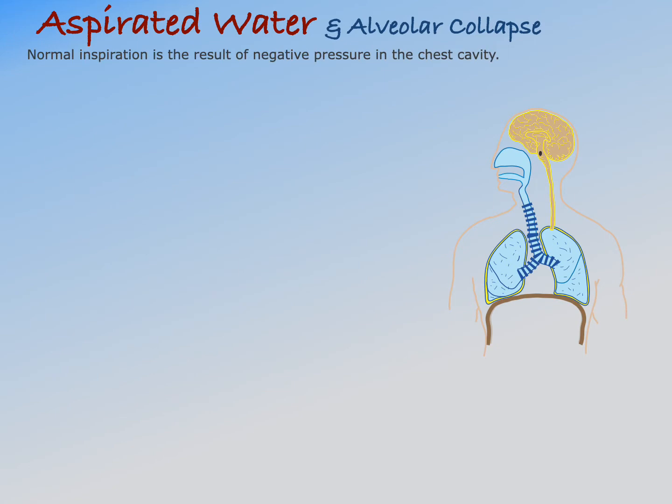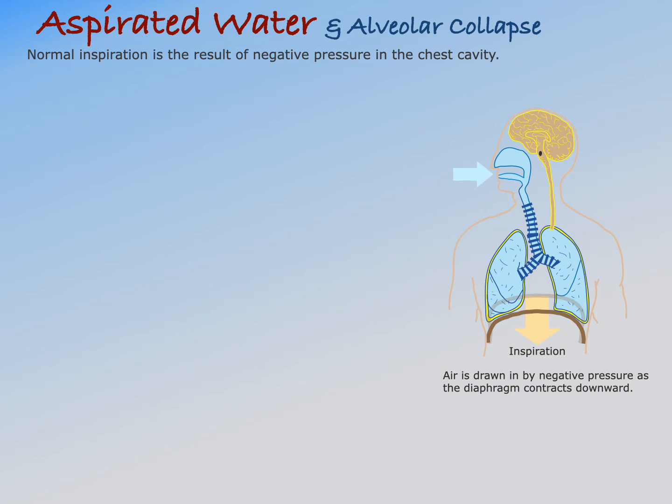Let's take a look at what happens when the alveoli collapse. So remember, surfactant breaks up surface tension and it prevents the alveoli from collapsing. Normal inspiration is a result of negative pressure inside the chest cavity.